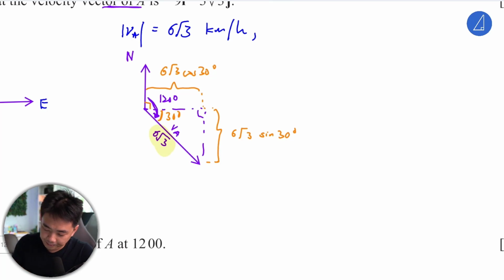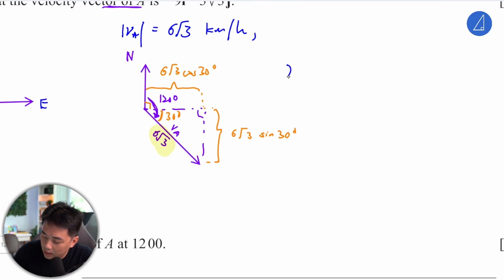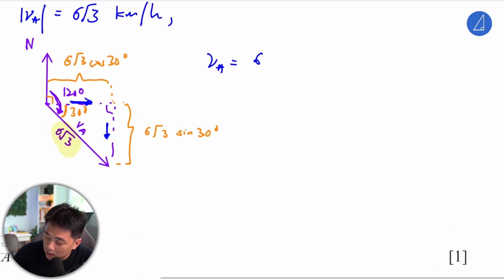If you want to break down VA, the i direction is positive because we are moving in this direction and moving downwards. So VA will be 6 root 3 cosine 30 i minus, because it's going downwards, 6 root 3 sine 30 j.